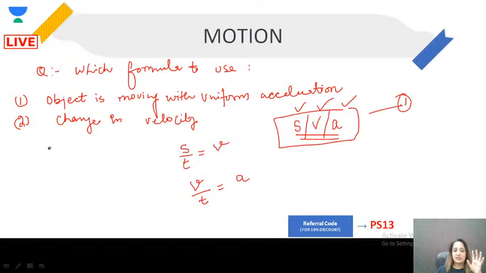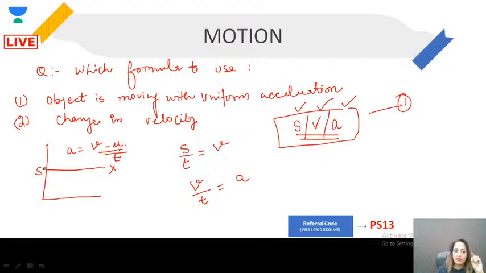If I'm saying something is moving with uniform speed, it means it's moving like this. The speed is not changing, right? This is called an object moving with uniform speed. There will be no acceleration, because acceleration is the final velocity minus the initial velocity in a given time.